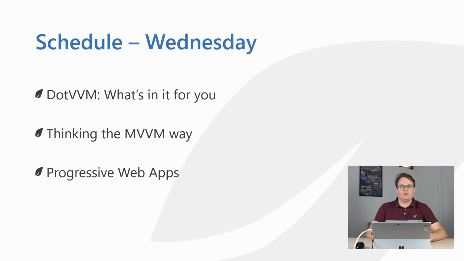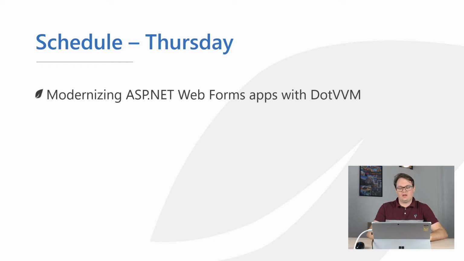So I will be showing how to deal with modal dialogs and multiple sections on one page, and how to nest view models in each other. And then my colleague Roman will be talking about progressive web apps, so stay tuned until the end of this day.